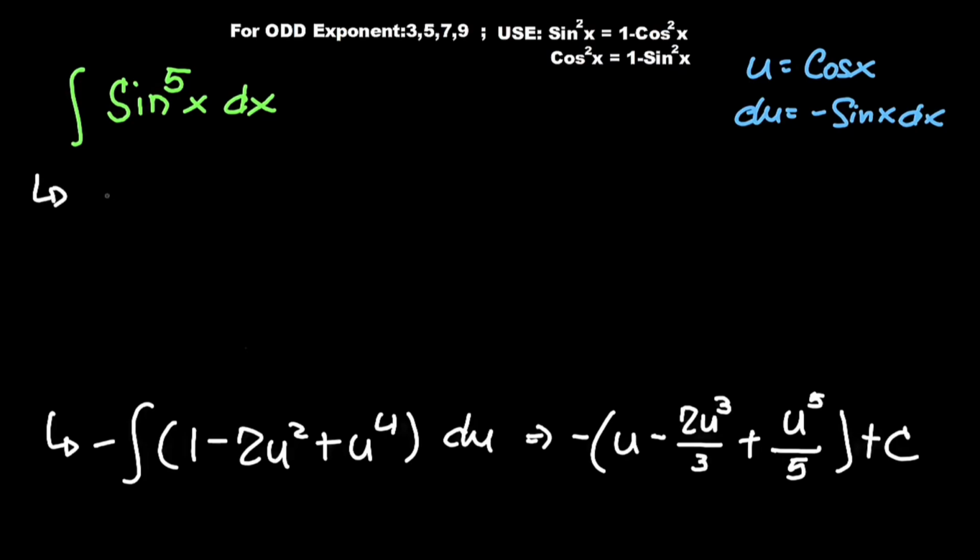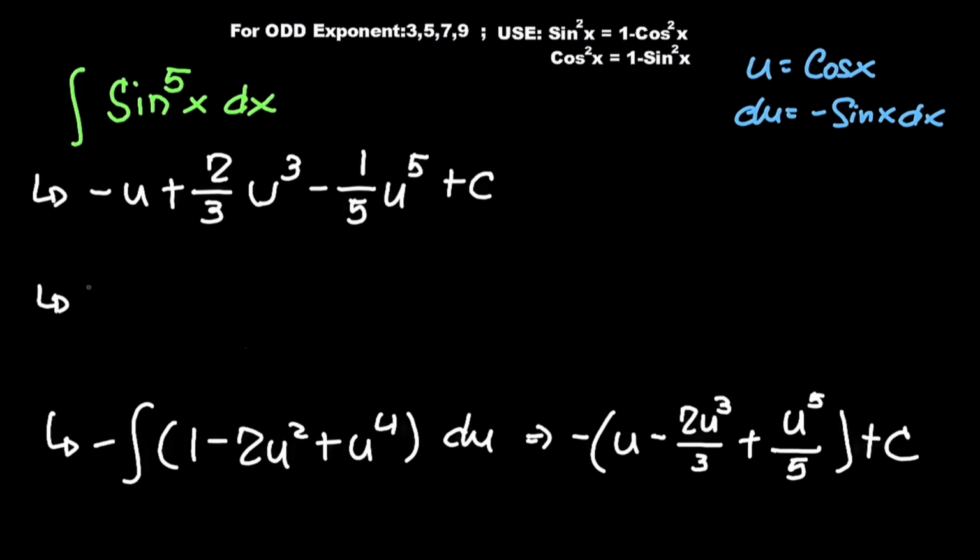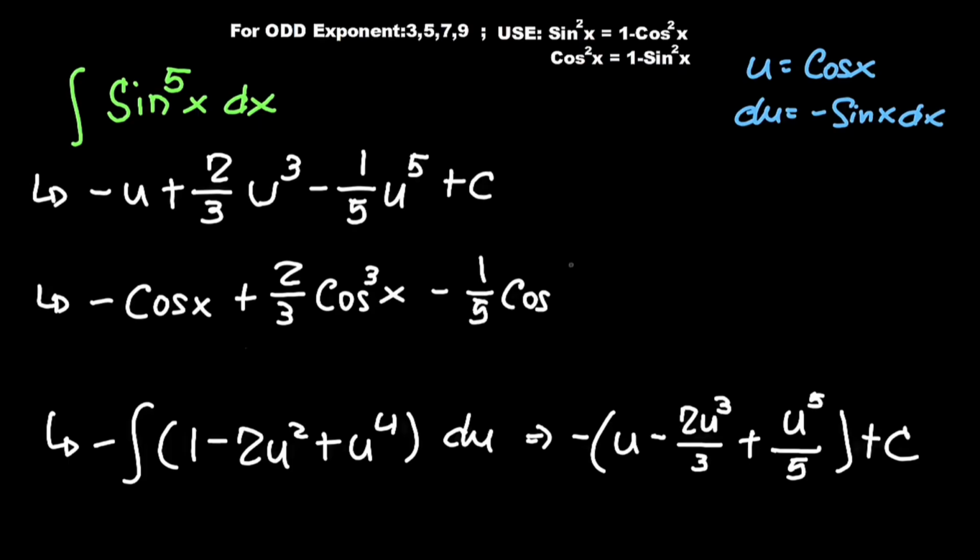Distributing the negative sign, and so, let us substitute back u into its original form. So, the final answer would be negative cosine of x plus 2/3 of cosine to the power of 3 of x minus 1/5 of cosine to the power of 5 of x plus c.